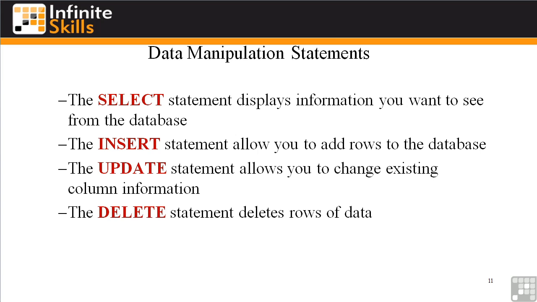There's the select statement, which is the one most often used, and it's what we use to query the database to get information out that we want to see. It can get quite complex, and I'll show you some of the complexity as we go along. Now, to maintain data, we can add rows to the database with the insert statement. We can change data that's already there using the update statement, and we can delete a row or rows of data using the delete statement.